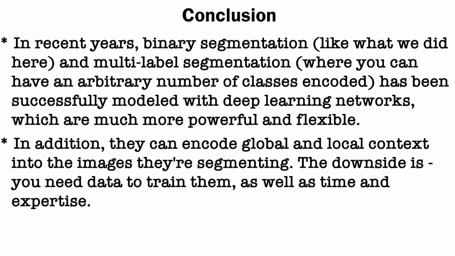In addition, they can encode global and local context into the image they are segmenting. The downside is you need data to train them, as well as time and expertise.